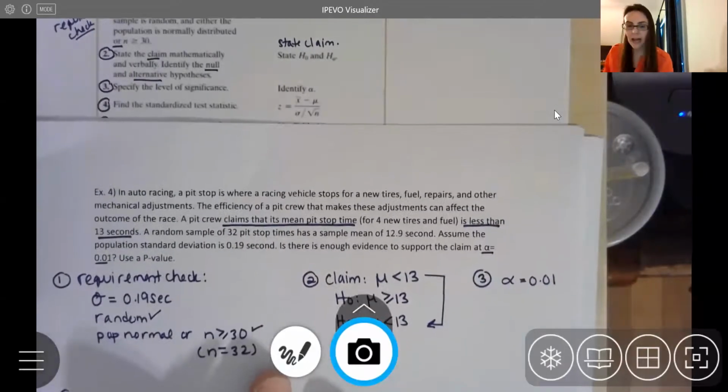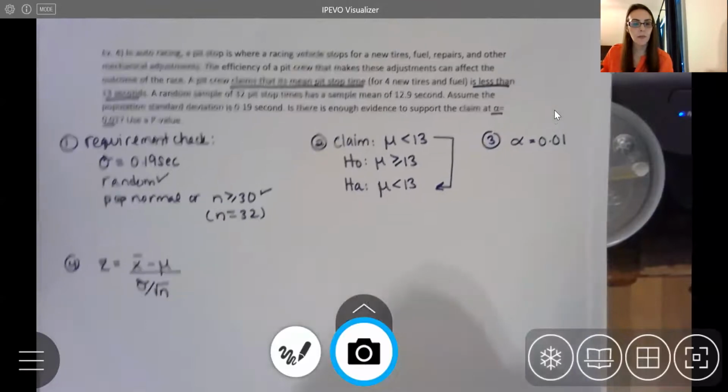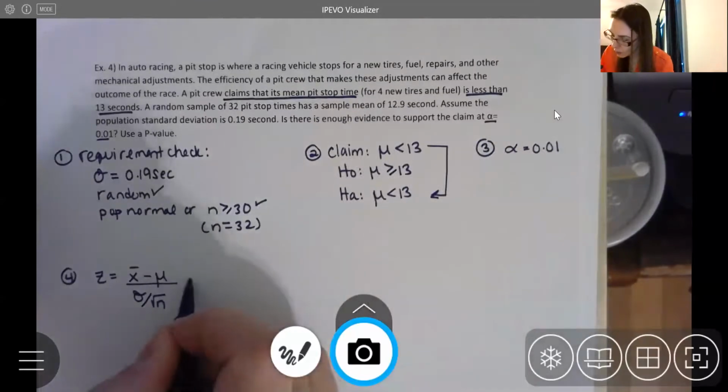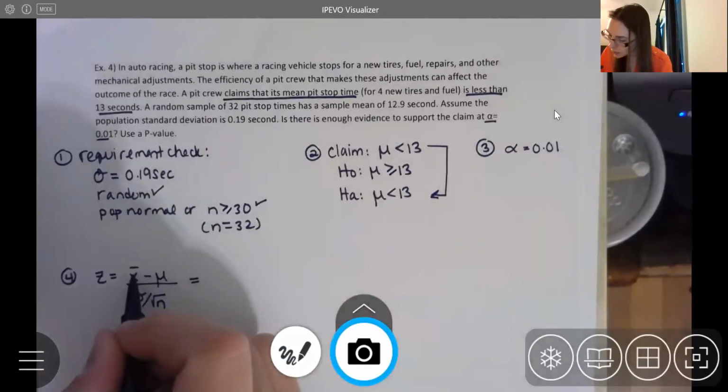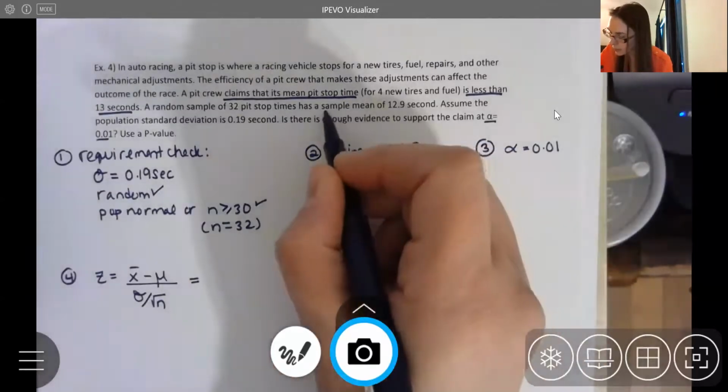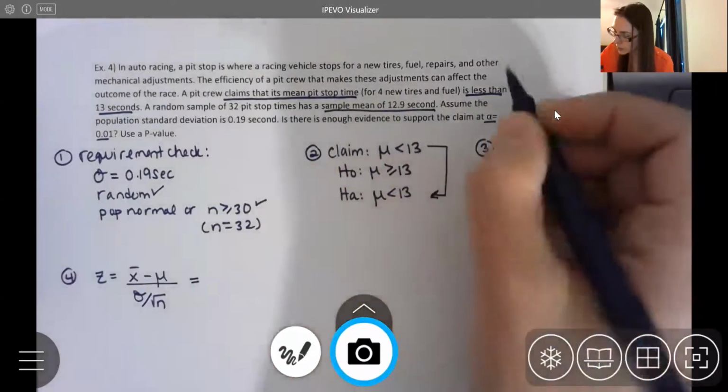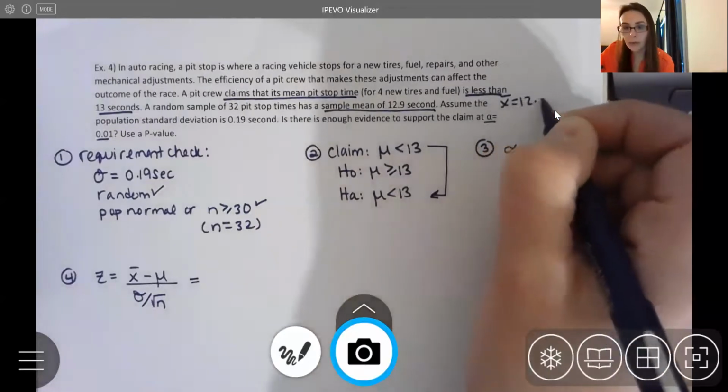Step 4, find the test statistic. So I'm going to scroll up in a second. I'm just going to write this formula down on my paper so I have it. So this is the formula for the test statistic. So what is my X bar? It is the sample mean of 12.9.